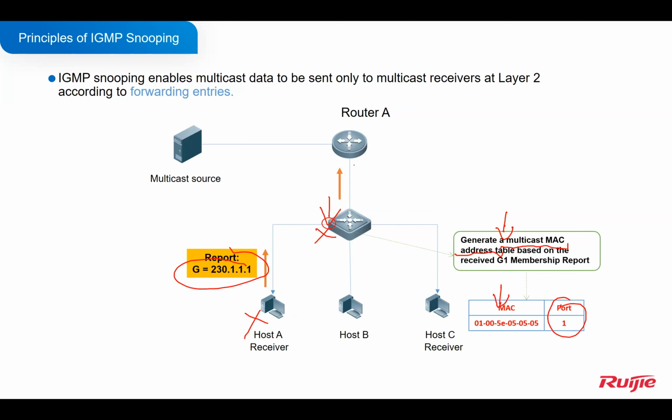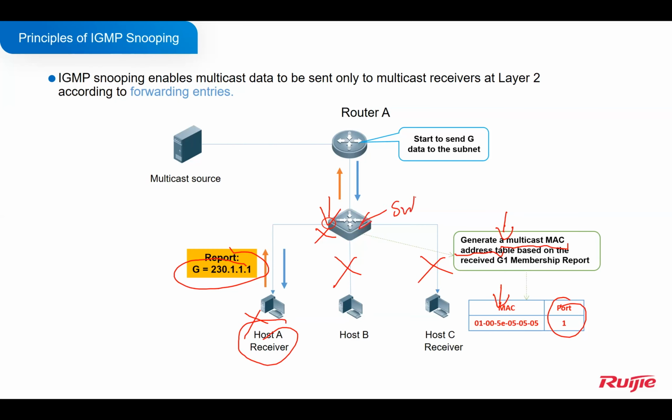After our querier receives the packet from the PC and sends the packet just to host A, not to host B and host C, because in the switch we enable the IGMP snooping function, and we can only find the MAC address table for port 1, not for port 2 and port 3.